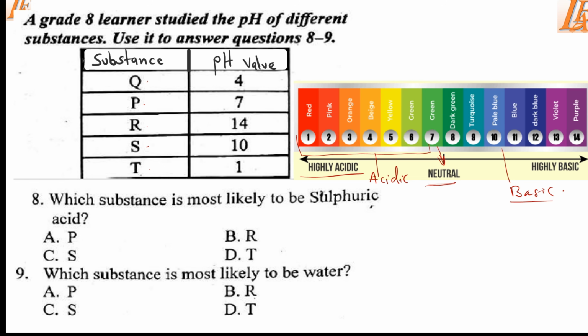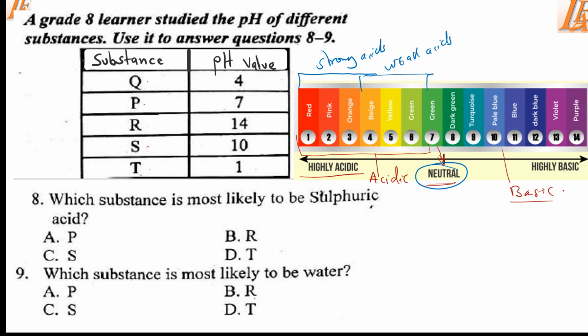Another thing that you should note is that on this pH chart, 1, 2, and 3 are very strong acids. Then from 3 to 6.5, these are weak acids, like sour milk. 7, it's neutral, we have said.